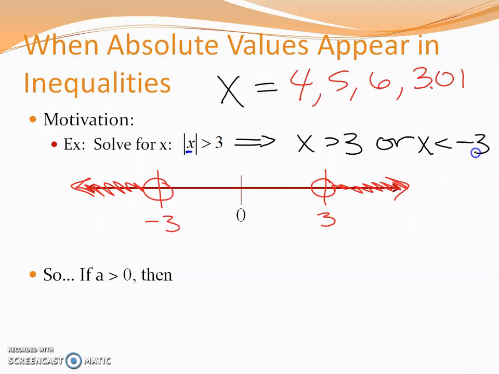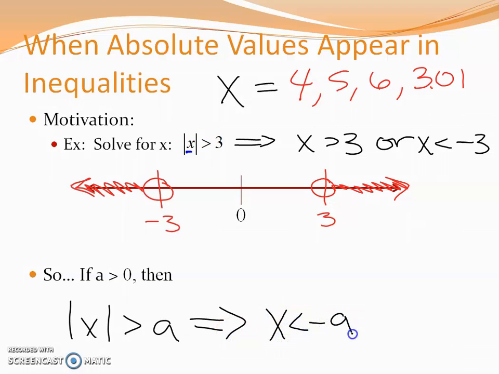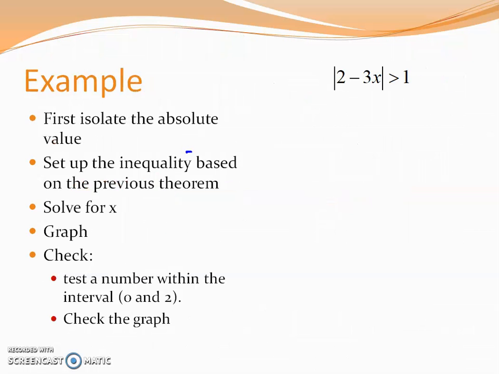Your less than statement gave you a bounded interval, so the opposite, the greater than statement, would give us an unbounded interval. Okay, so for my rule, I can say that the absolute value of x is greater than a, and that implies the statement that x is less than negative a, or x is greater than positive a.